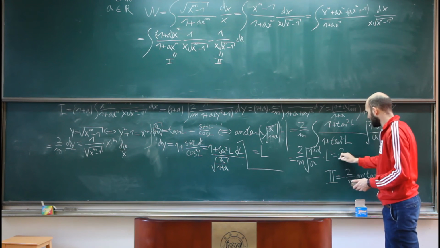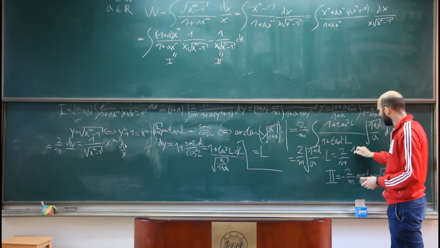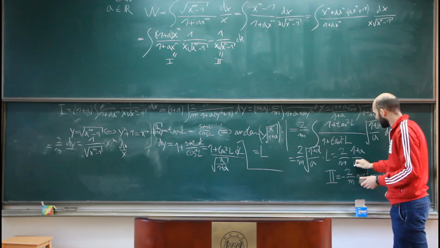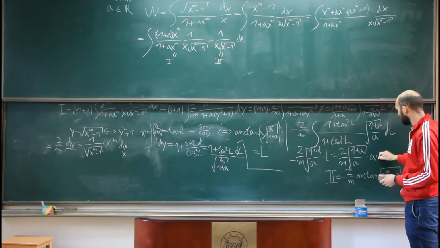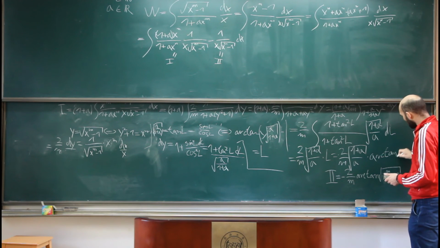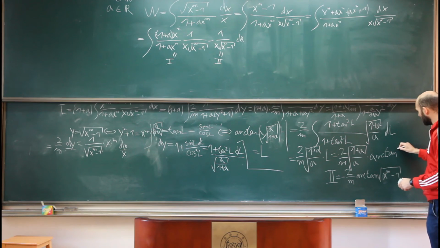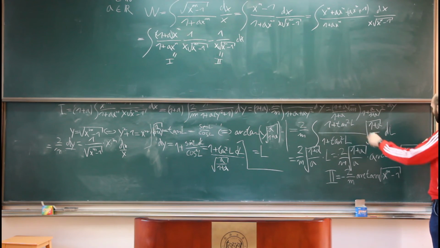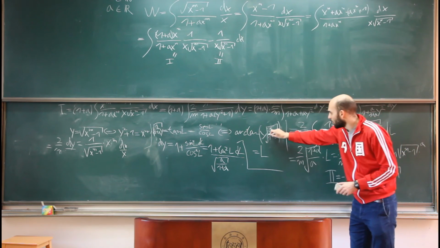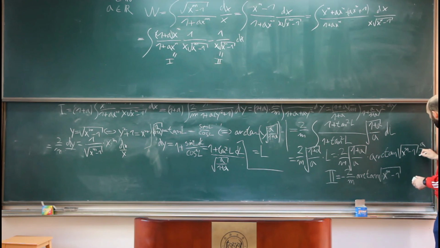So we get 2 over m, 1 plus a divided by a, and arctangent of the square root of x to the power of m minus 1 times, and now the factor we got here before, so a divided by a plus 1, like this.